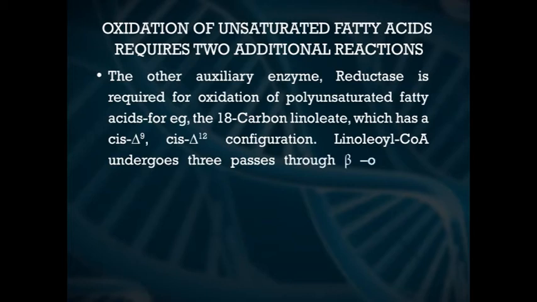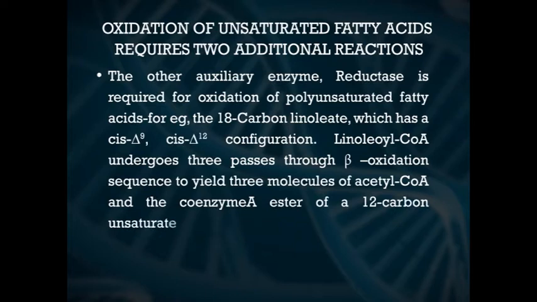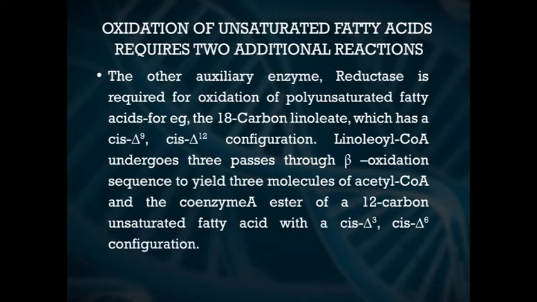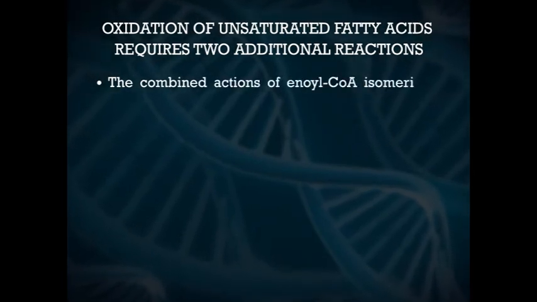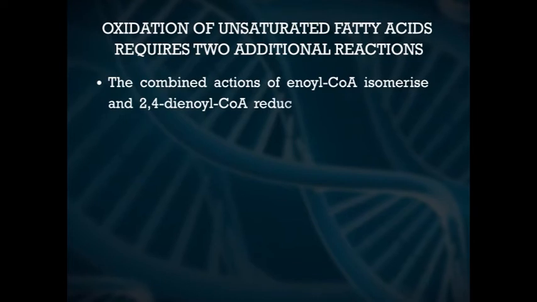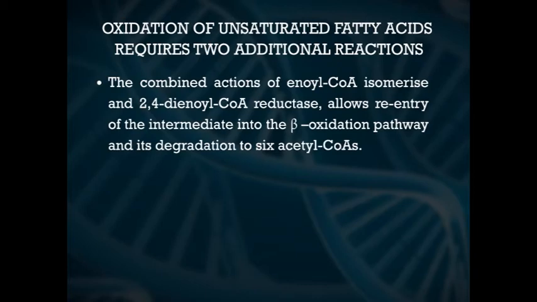This linoleoyl-CoA undergoes 3 passes through the beta oxidation sequence to yield 3 molecules of acetyl-CoA and the coenzyme A ester of a 12-carbon unsaturated fatty acid with a cis delta 3, cis delta 6 configuration. Overall, the combined actions of the enoyl-CoA isomerase and the 2,4-dienoyl-CoA reductase allow the re-entry of the intermediate into the beta oxidation pathway and its degradation to 6 acetyl-CoAs.